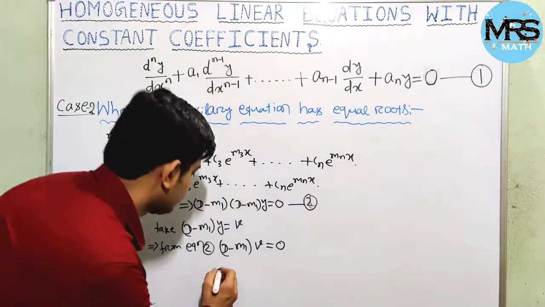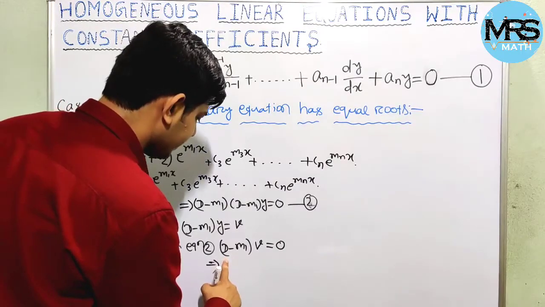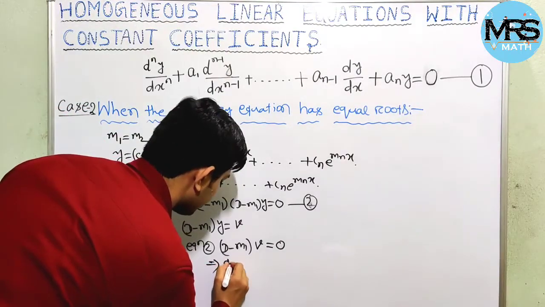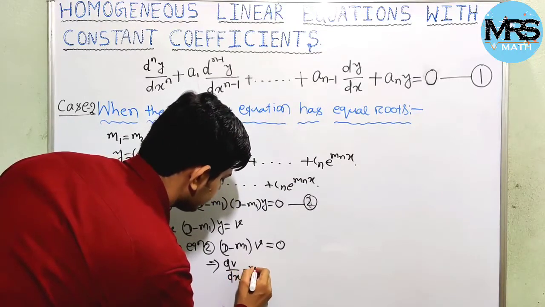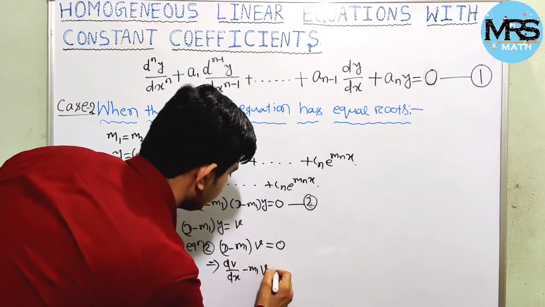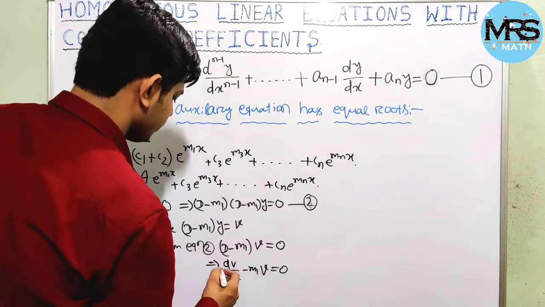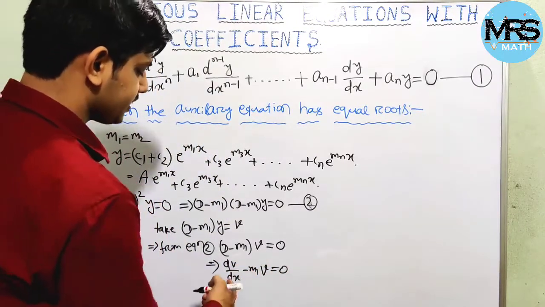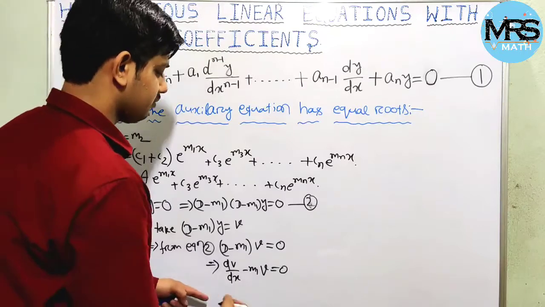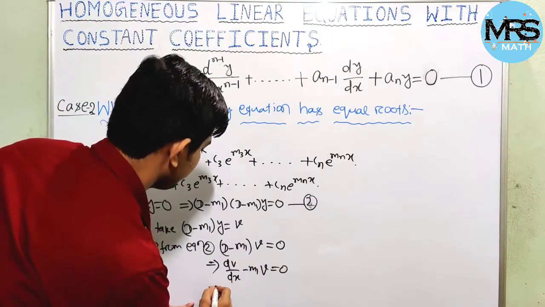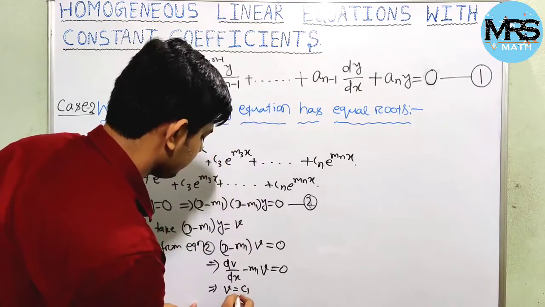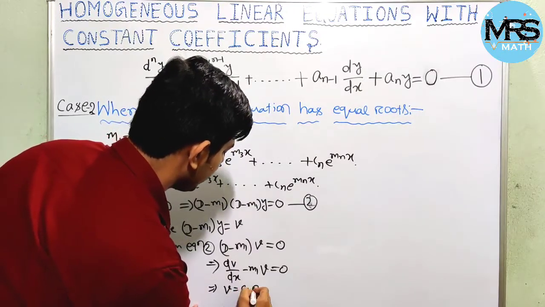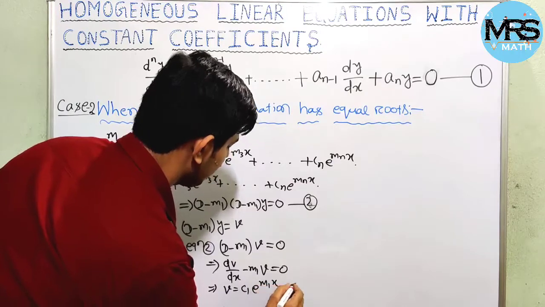This d is d by dx, so we get dv by dx minus m1 into v equal to 0. If we integrate after separating the variables, we will get v as some constant c1 into e to the power m1x.